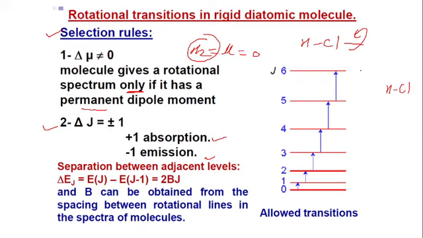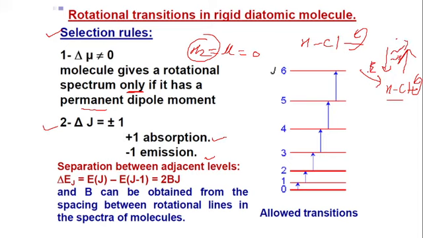That's why we push some energy to this molecule for the rotation. Whenever we provide the energy, this molecule absorbs some energy and goes to the excited state. After going to the excited state, this molecule again goes to the ground state by the emission of energy.